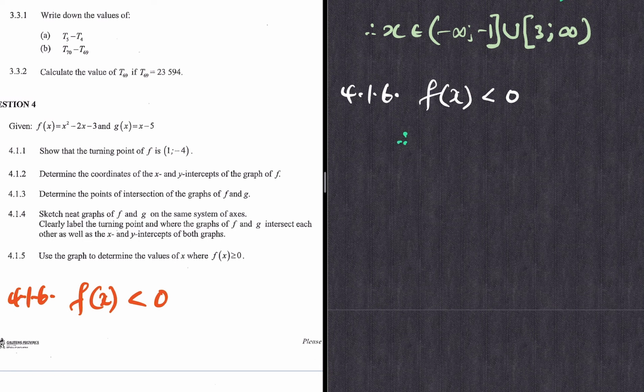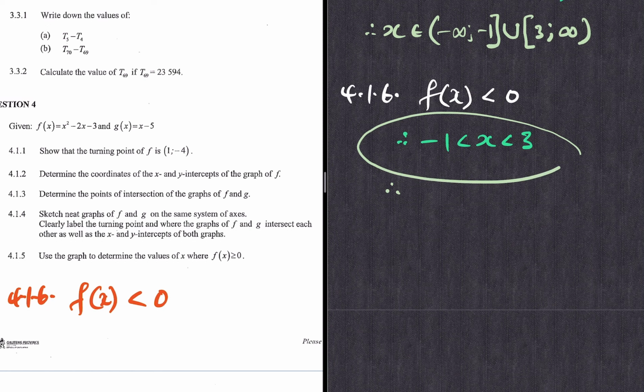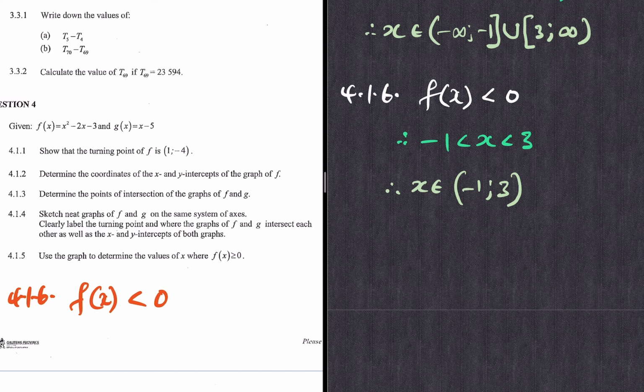So I'll say therefore x is in between -1 and 3, or you can say x is bigger than -1 but less than 3. It's the same thing. Similarly, this is called set builder notation. You can write it in interval notation, which is basically x element of real numbers from -1 to 3 exclusive. You possibly get 2 marks.